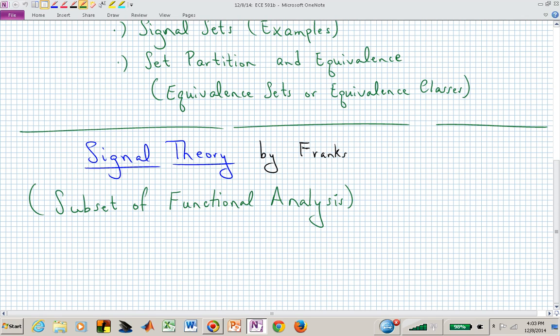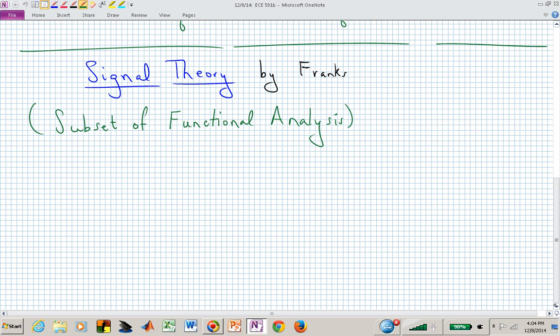And what we want to do now is try to motivate that material and discuss it so that you can, if you so desire, start getting up to speed with that infinite dimensional material using the foundation that you already have from the finite dimensional material that we've covered so far in this class.